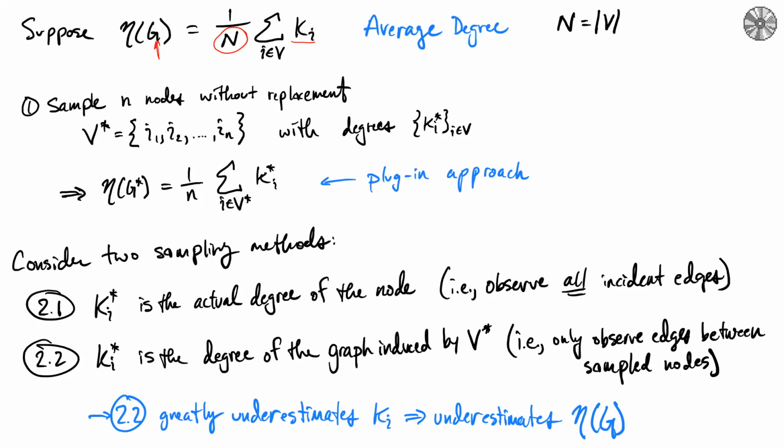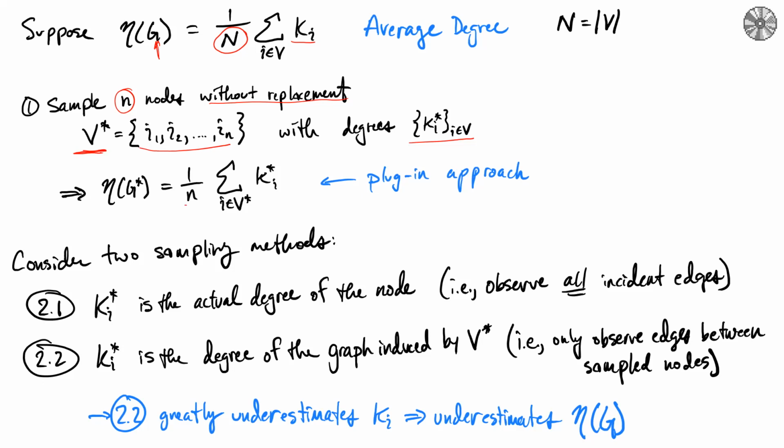If we create a sample, the sample has little n nodes in it, and for simplicity, let's do this without replacement. That means that we can't pick the same node twice. Our vertex set for the sample is essentially all of these little n of them, and they have degrees like this.